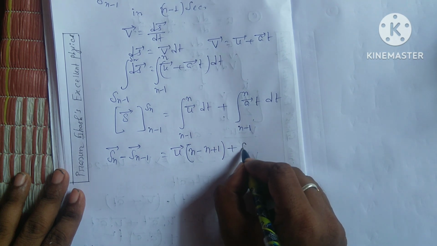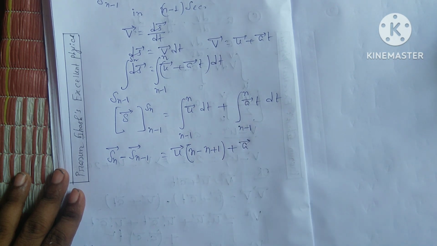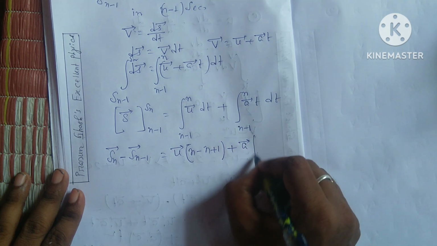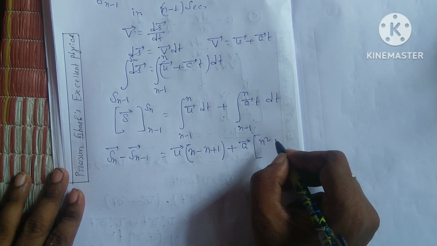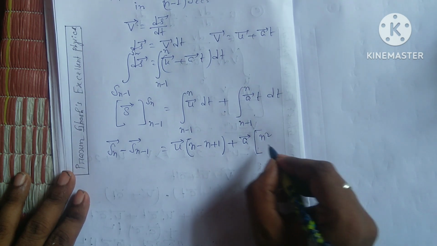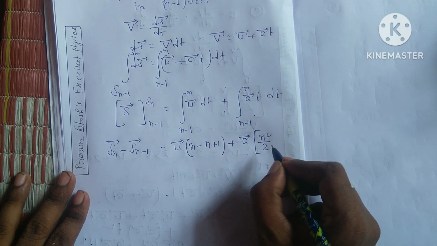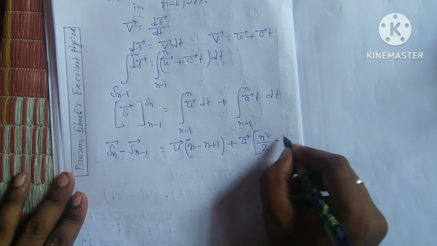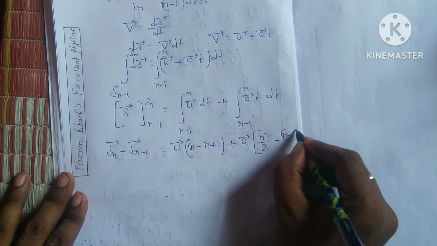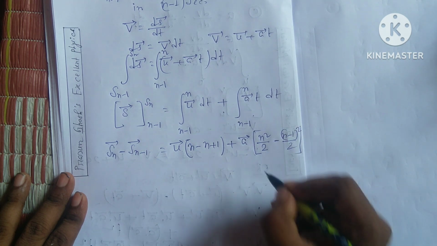Putting the values, we can write a times n square by 2 minus n minus 1 the whole square by 2.